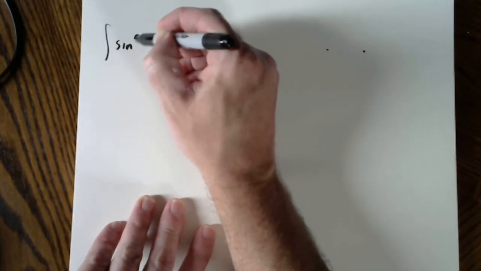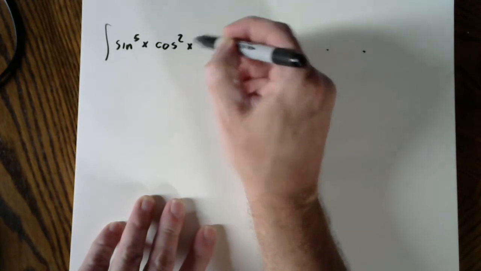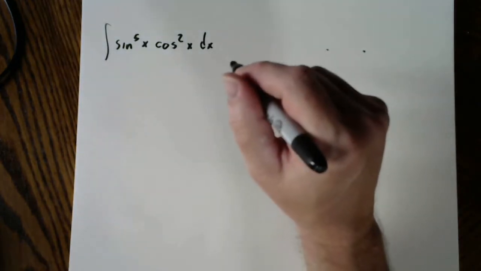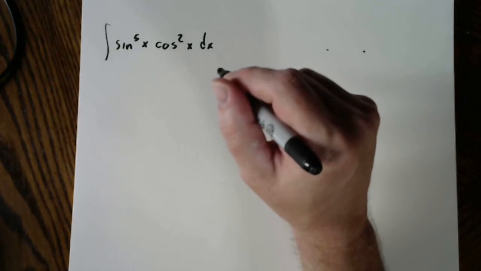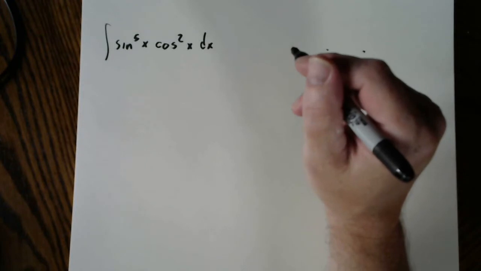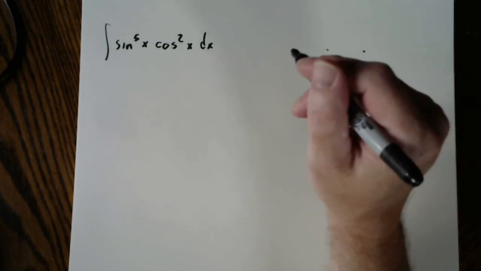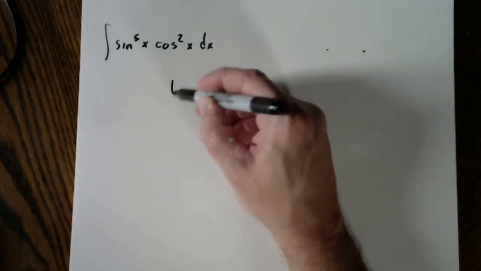Let's have sine to the fifth cosine squared. The reason u substitution clearly would fit here is because sine and cosine are essentially the derivatives of each other. So what do we want to make u? Well, we have two potential choices, not necessarily two right choices.